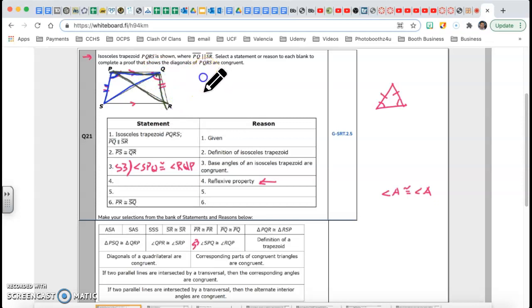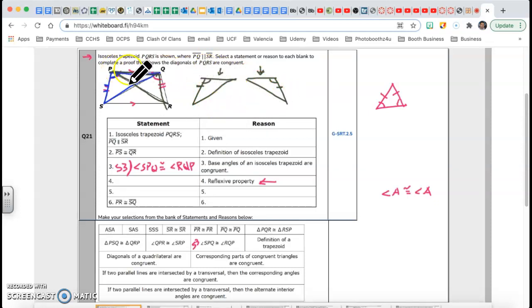I can use the triangle on the left, and I can use the triangle on the right. Right now, I have the sides are congruent, and I have that the angles are congruent. So if I can prove another side congruent, then that's it. My diagonals will be congruent by CPCTC.